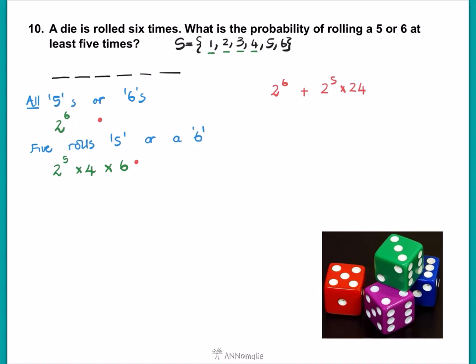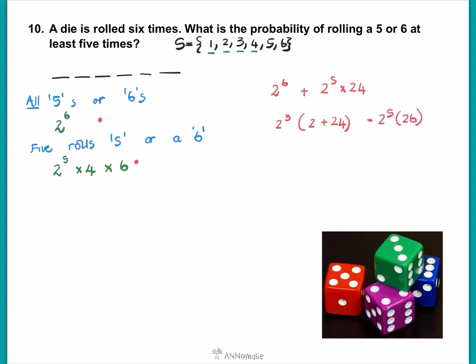Now, if I put that on the same denominator, we can take out 2 to the power of 5 as a common factor, and we're left with 2 plus 24, which is 2 to the power of 5 times 26.